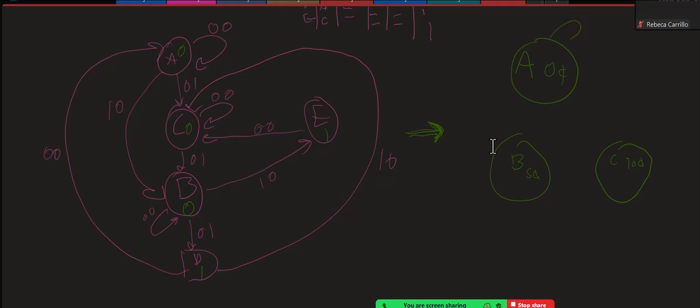So from A, if I have 0, 0, I go back to A and my output is 0. From A, if I have, what did I say came first? Dime? Yeah.